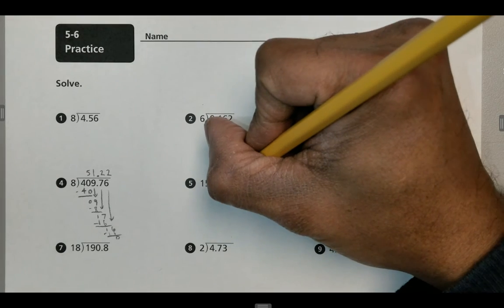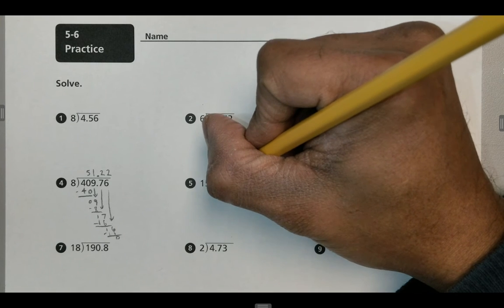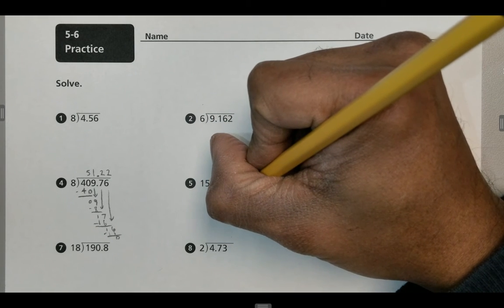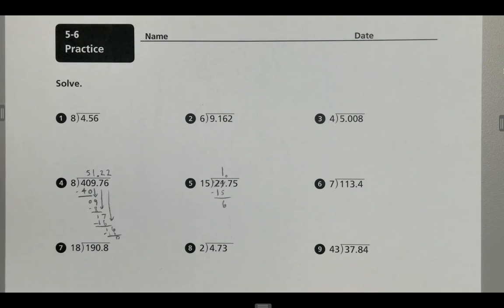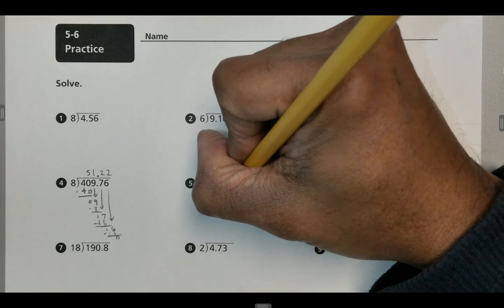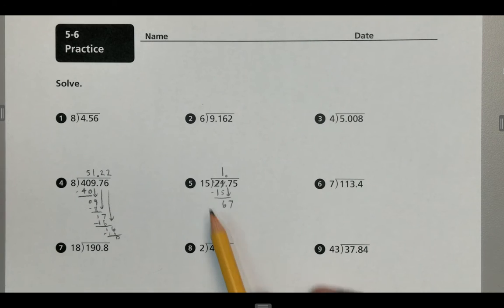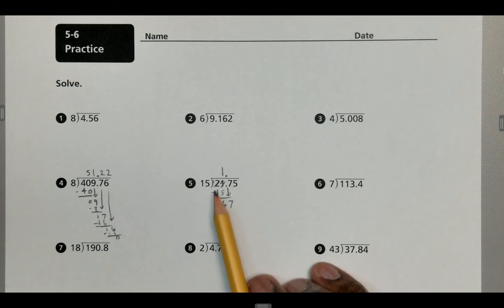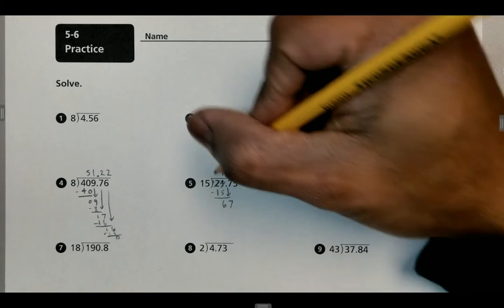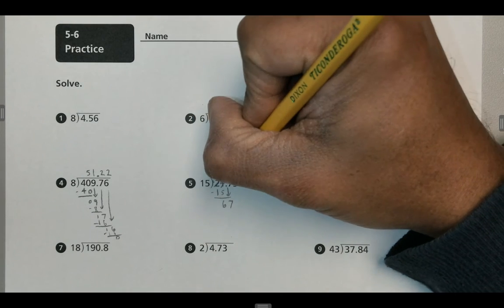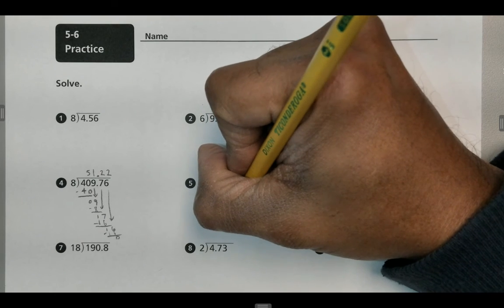Subtract that out. 1 needs to borrow. 11. Bring down the 7. 15 goes into 67. How many times? 15, 30, 45, 60. 4 times. 15 times 4 is 60.